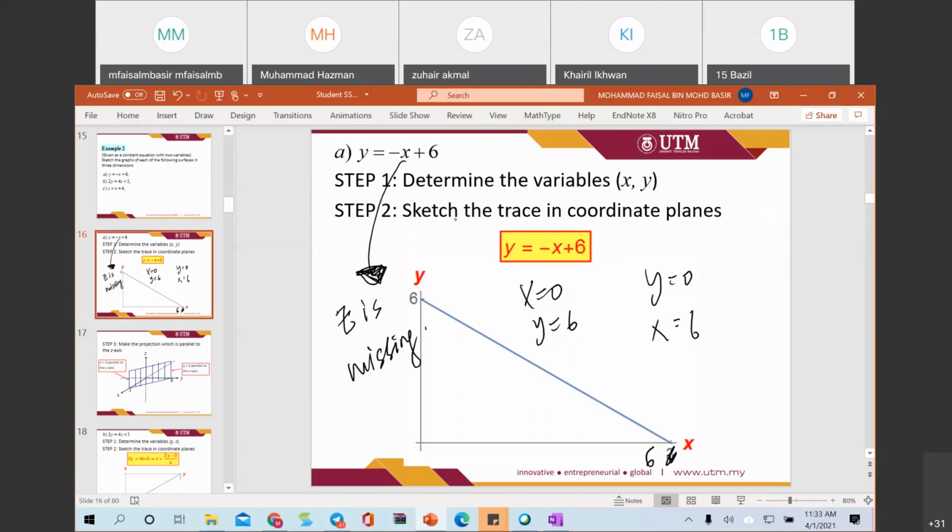So which means your line should be parallel to Z. If I draw like this, your x is 6, y is 6. I just put like this. Z is missing, so you have to shift this upward.